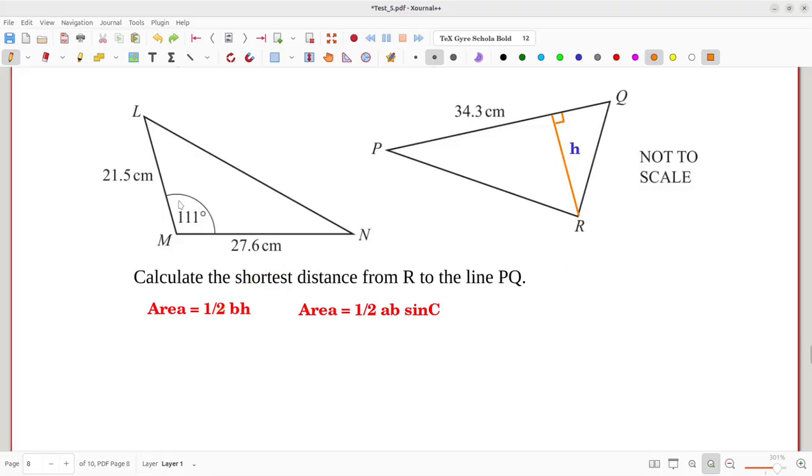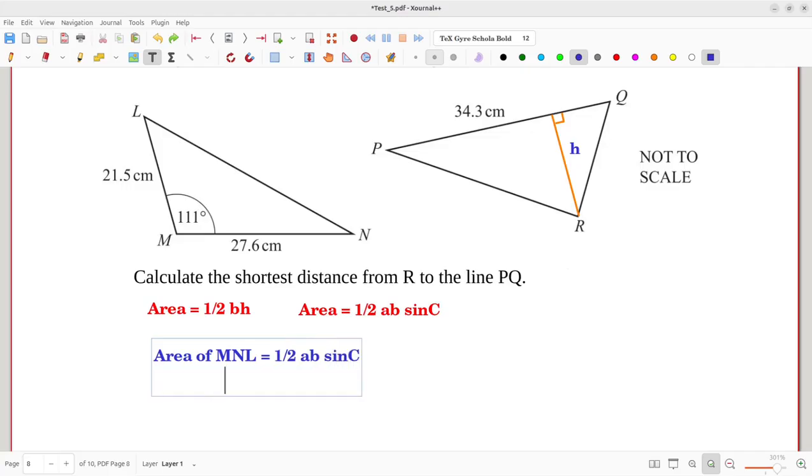So first things first, let's find the area of M and L. Area of triangle M and L will be equal to half AB sine C.